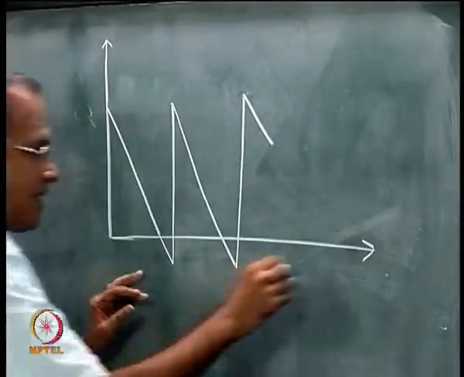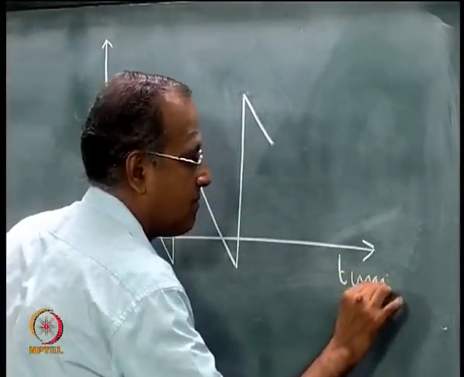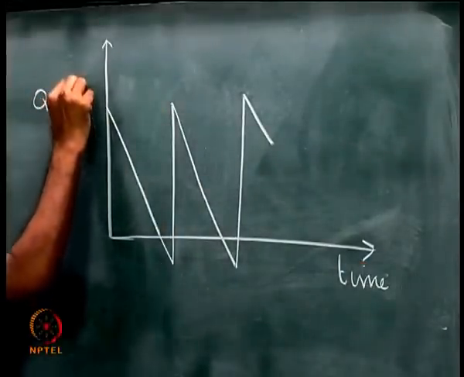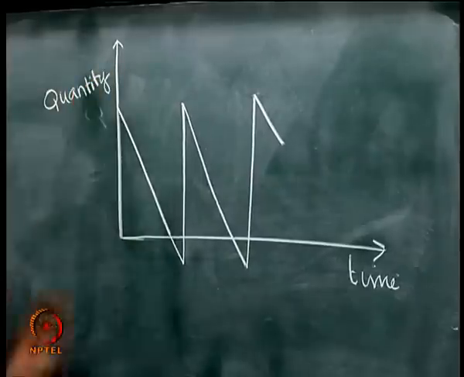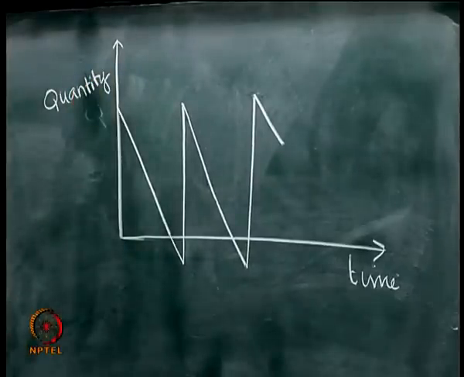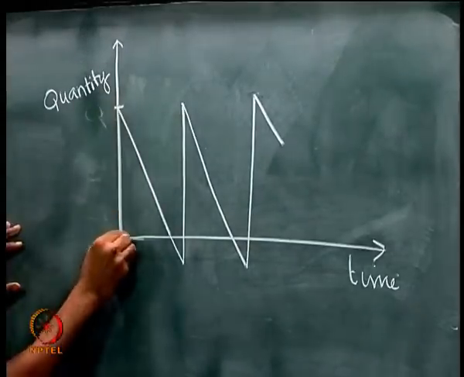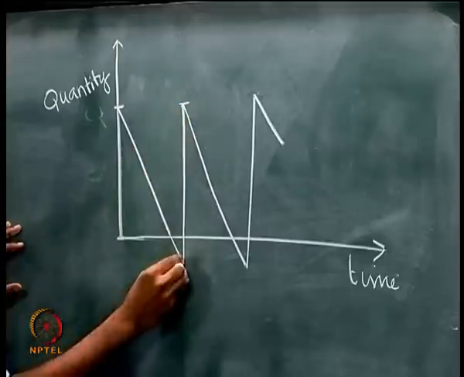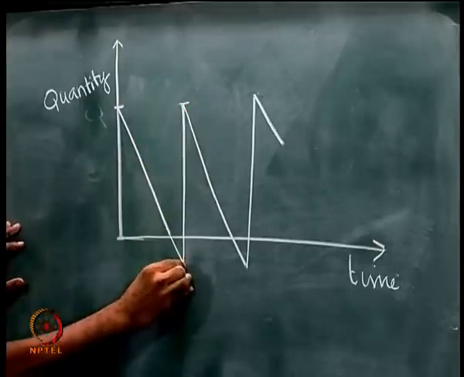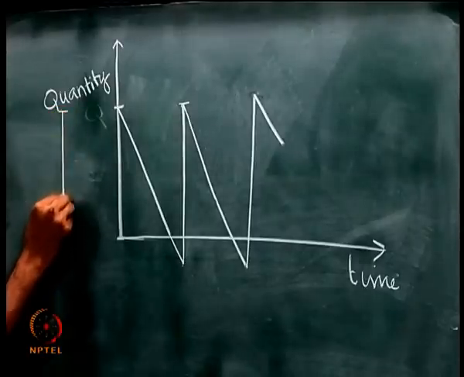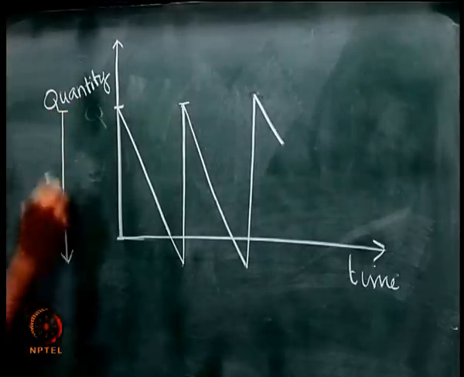So now this is time, this is quantity. Now we are going to use some additional notation. The quantity that we order here is Q. So Q starts from here, this is what we order.